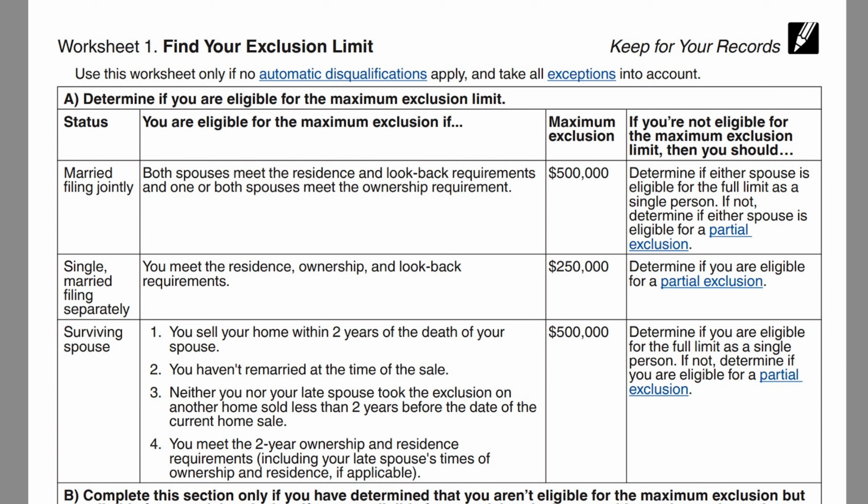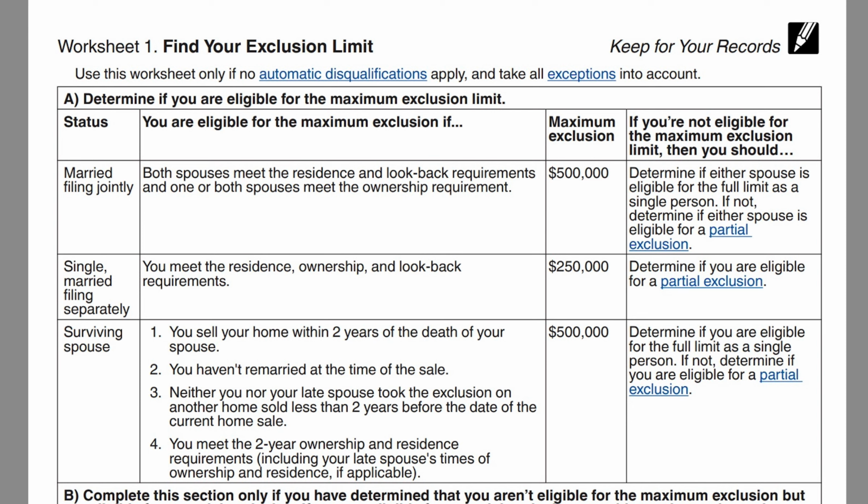But generally speaking, most taxpayers that I've talked to know that each person would be able to exclude up to $250,000 of capital gains. So a married couple filing a joint return would be able to claim up to $500,000. And a single person or a married filing separately would be able to claim $250,000.